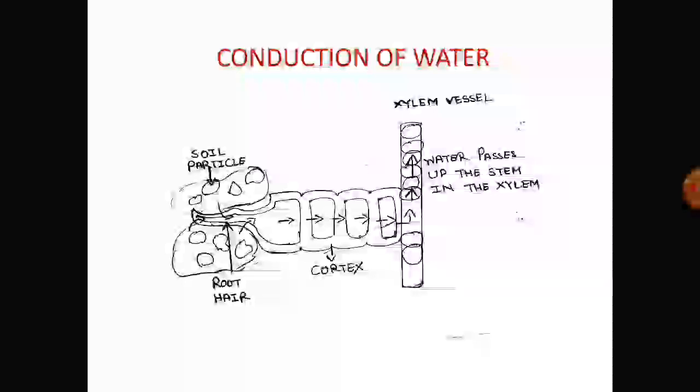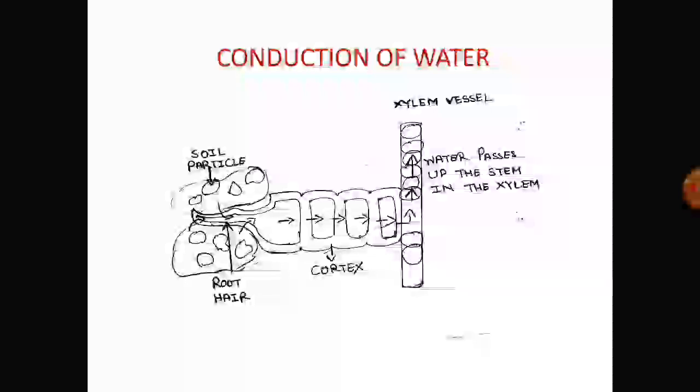Turgid means when they absorb water, they become fully tightened. And water moves from the cortical cells into inner layers of the root through cell-to-cell osmosis. So, from one cell to another, it passes through the process called osmosis. So, finally, water is pushed up in the xylem vessels and tracheids.